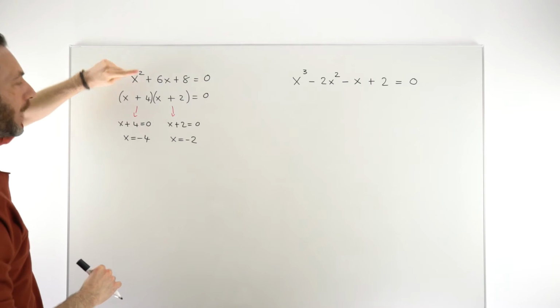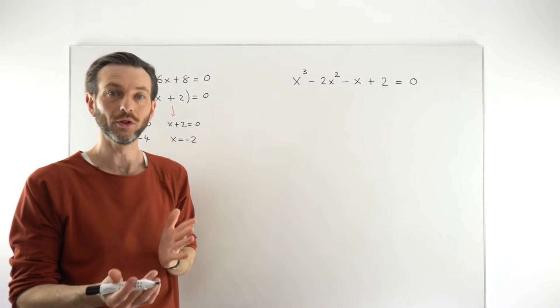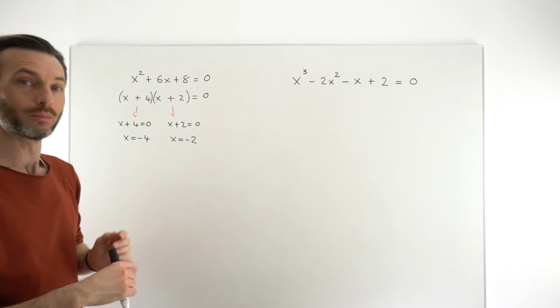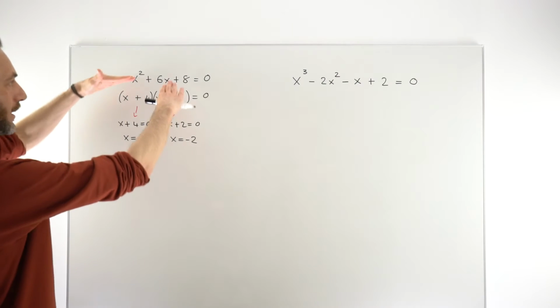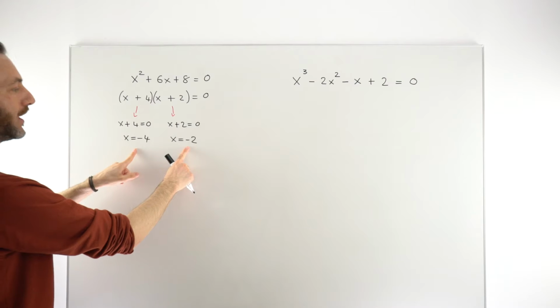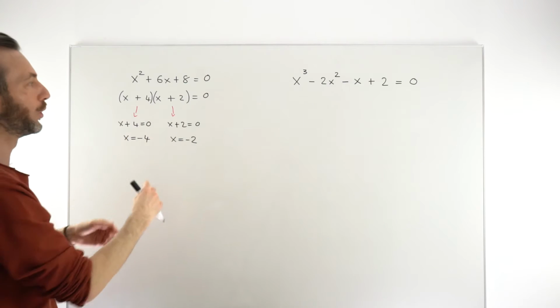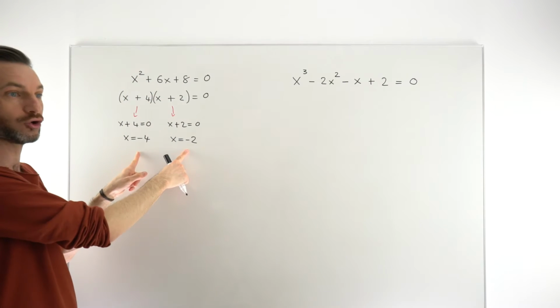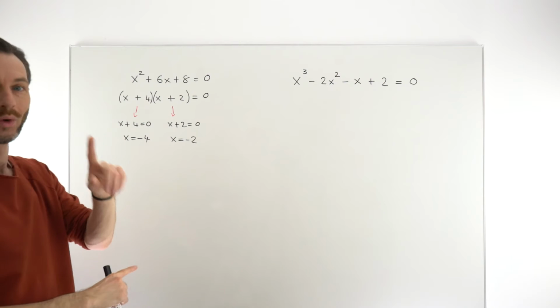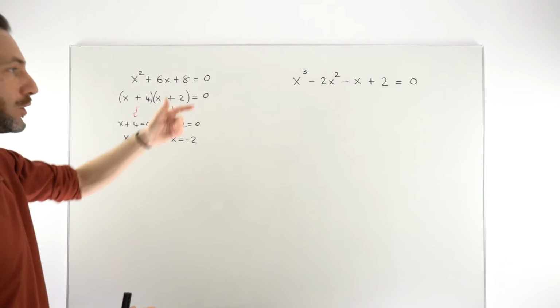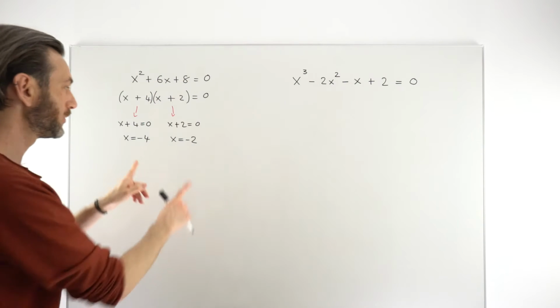So the highest power in your polynomial dictates the maximum number of solutions you can have. The fact that we got two solutions is consistent with what we might expect. You don't have to get two for a quadratic, you could get one solution, and some quadratic equations don't have any solutions, so 2 is certainly the maximum.